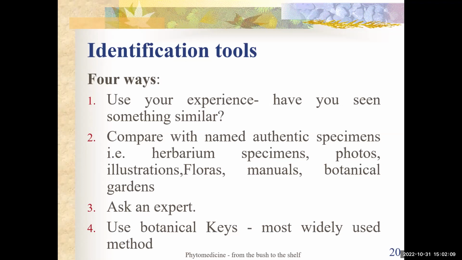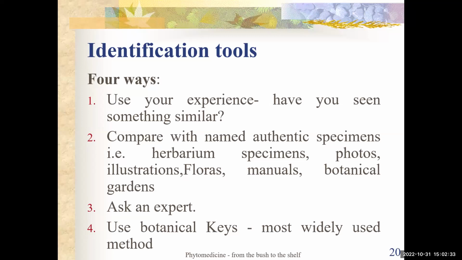Now, if that is still not possible, you can talk to an expert in the area. We have experts who specialize in different, for example, families. We know people who just specialize in grasses, they know every grass, okay? They may not know others, but they're specialists in that particular area.